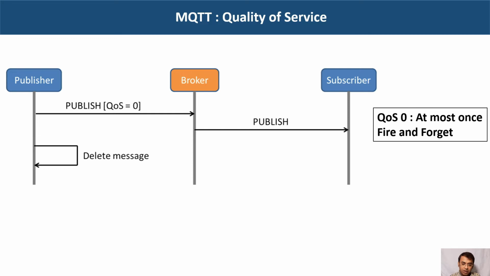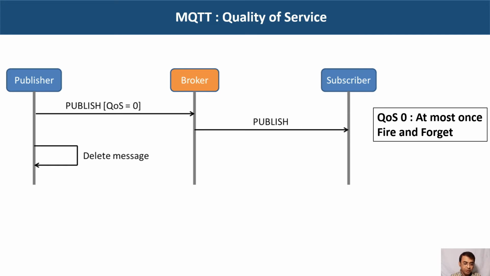The publisher will transmit data to the broker. That means the publisher will publish data to the broker, maybe the temperature data. Then the broker will receive the data and publish it to the subscriber.